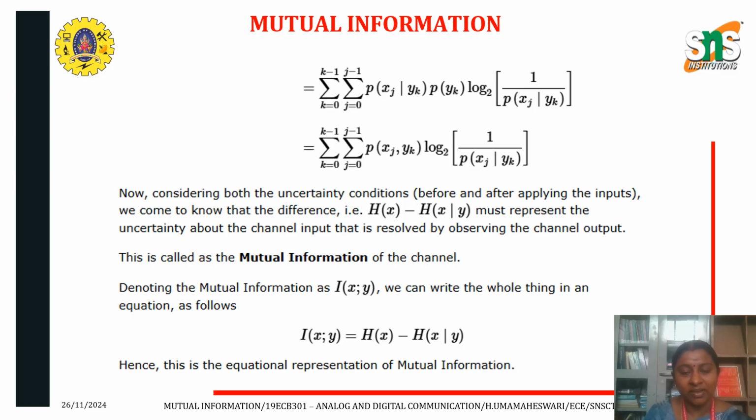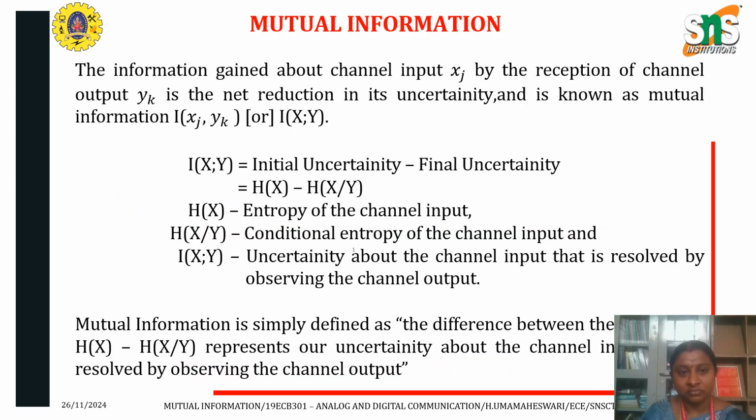Hence, this is the equational representation of mutual information. The information gained about the channel input x_j by the reception of channel output y_k is the net reduction in its uncertainty and is known as mutual information I(x_j; y_k). So I(X;Y) is equal to initial uncertainty minus final uncertainty. Initial is represented as H(X), final is represented as H(X|Y).